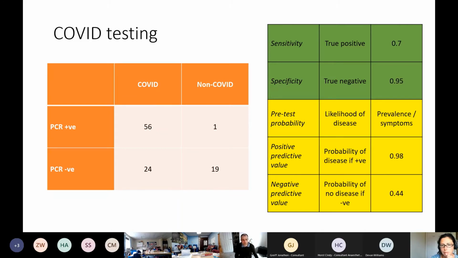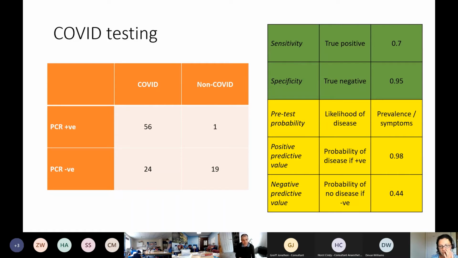So we can put some numbers in this. Most of us will be aware that the sensitivity of the COVID PCR test is around 70%. Some places have it higher than that, some places have it lower. And the specificity, so the true negative rate, is 0.95. So it's very specific, not as sensitive as we would like. But actually of more relevance to us, usually clinical relevance, is the positive predictive value.